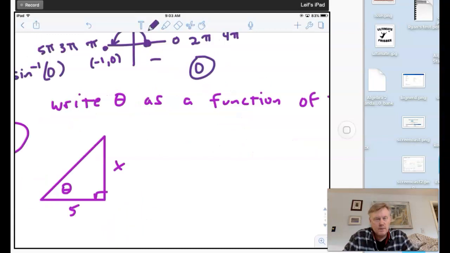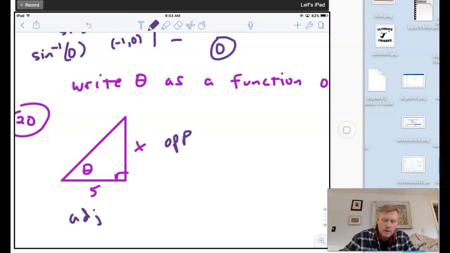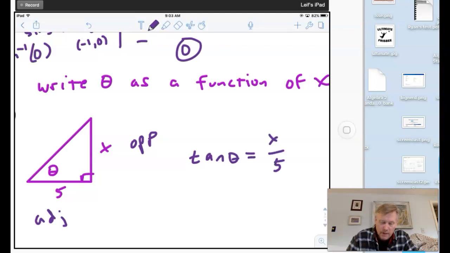This one, write theta as a function of x. So I need to get the theta alone, which means the first thing I want to do is write this as a function. Theta is the angle, x is opposite the theta, this is the adjacent. Opposite over adjacent is tangent. So if I went tangent of theta equals x over 5, that's a function.